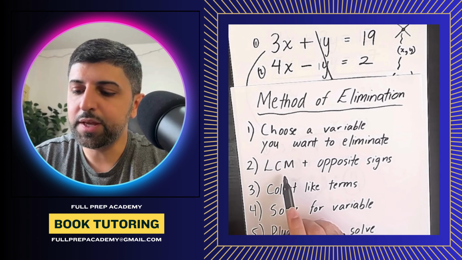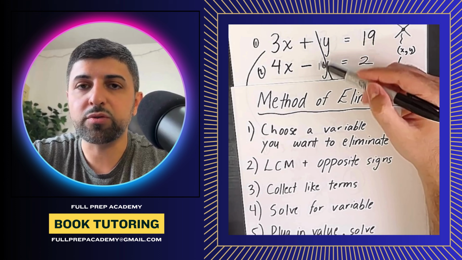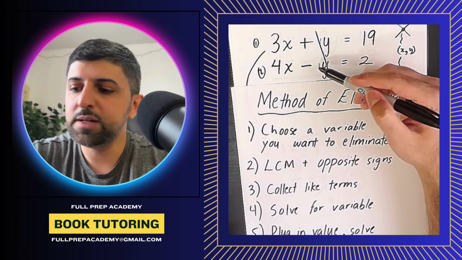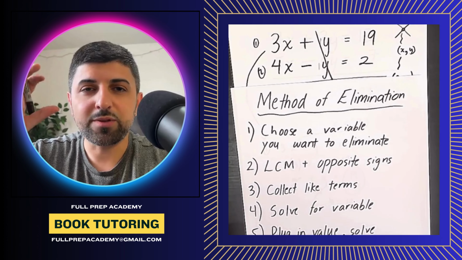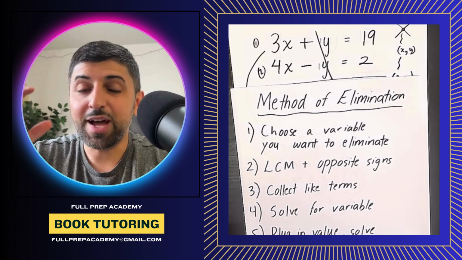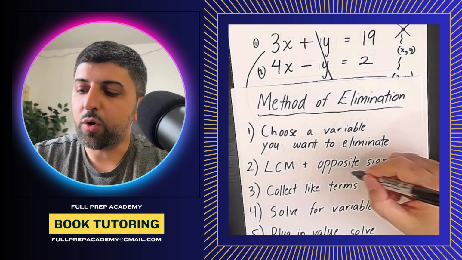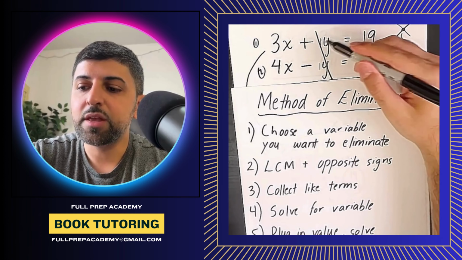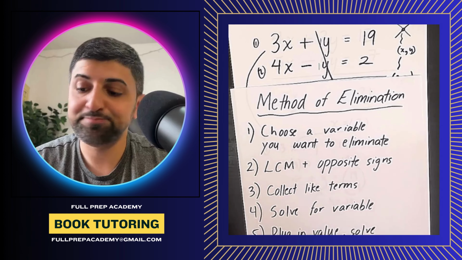Step 2 is I want the lowest common multiple to be applied across both variable y. So in this case, I have positive 1 and negative 1. They're the same number, right? So that is the lowest common multiple between 1 and 1. It's 1. And I already had opposite signs. So I made sure that I picked a variable that was easy to eliminate.